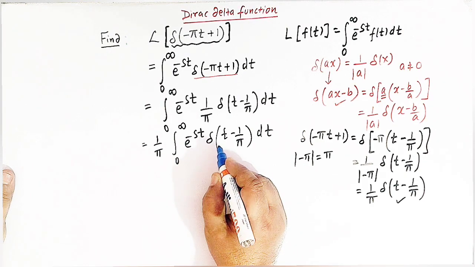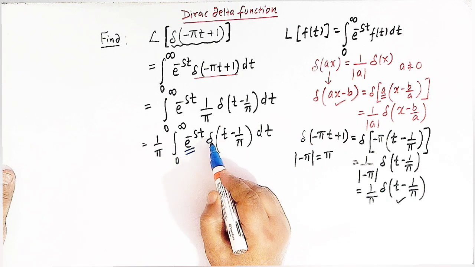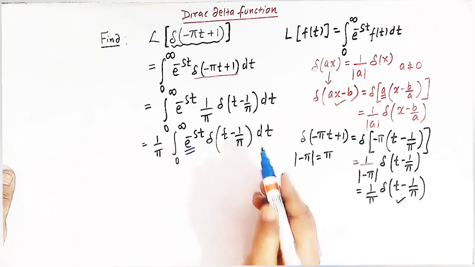Here we can see that we have the function e raised to minus st, and delta of t minus 1 over pi.